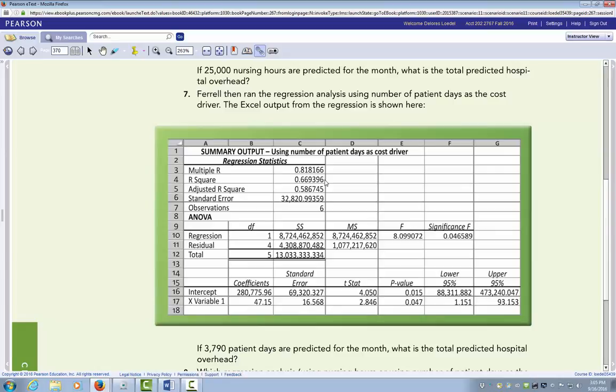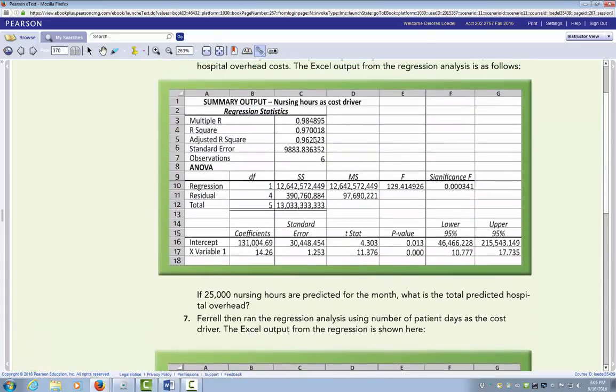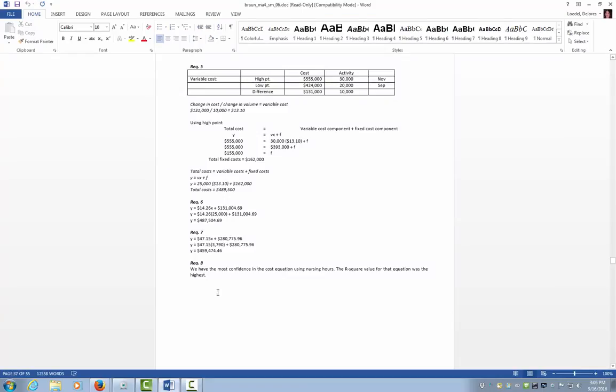We have a much higher number from our output related to nursing hours as our cost driver, so that is what we can trust to be more reasonable. Let me pull up the solution here. We can have the most confidence in that cost equation.